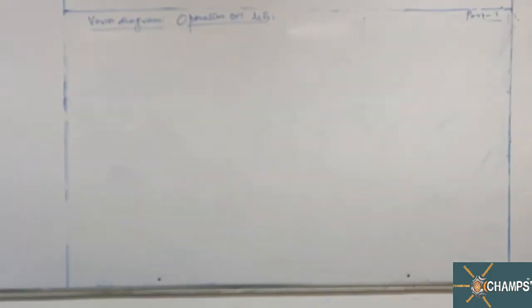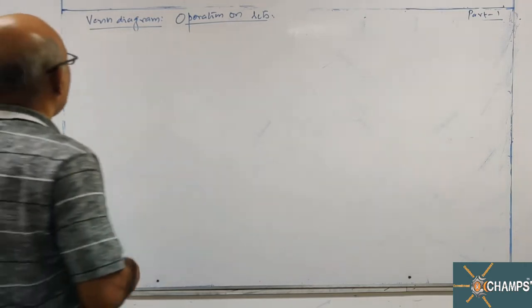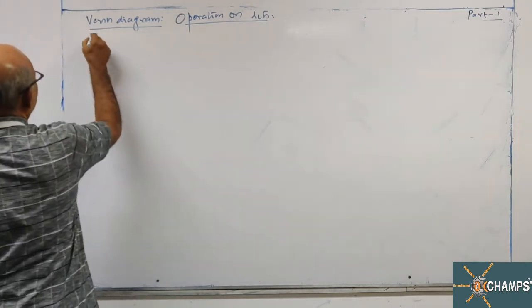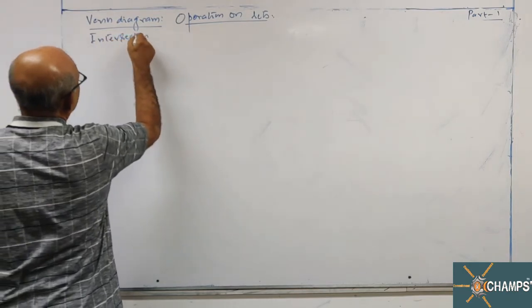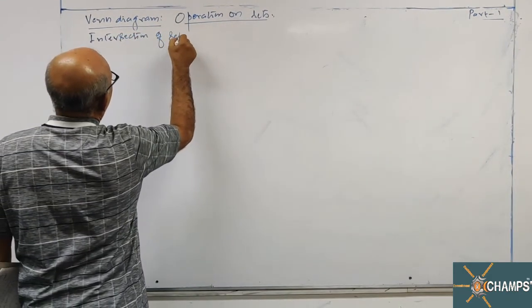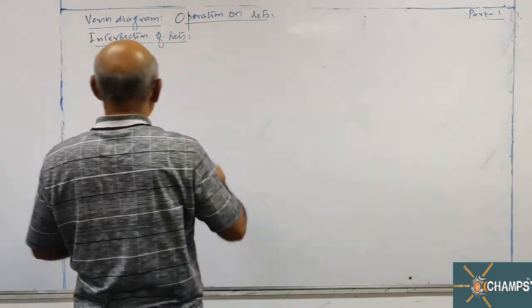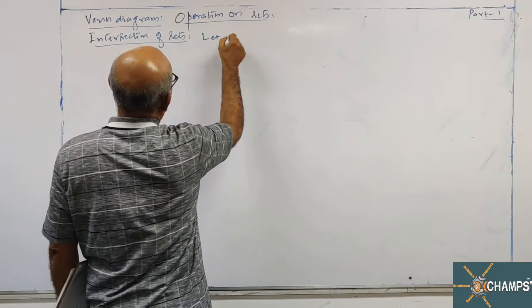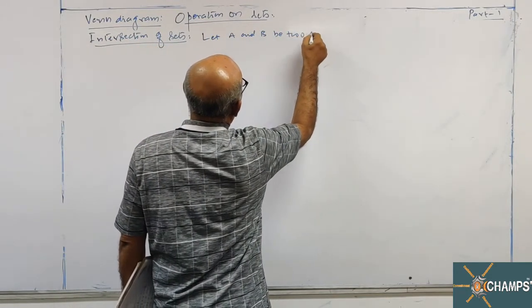Next one is intersection of sets. Let A and B be two sets.